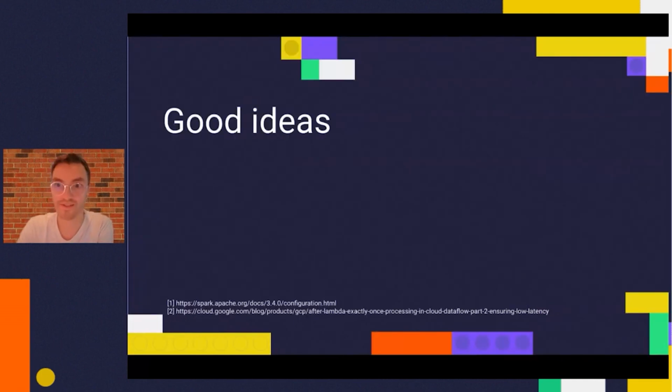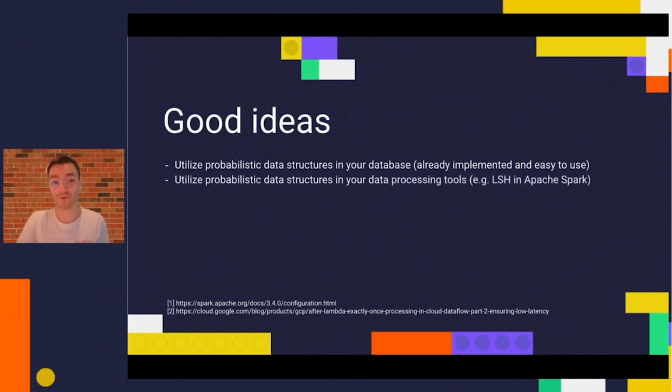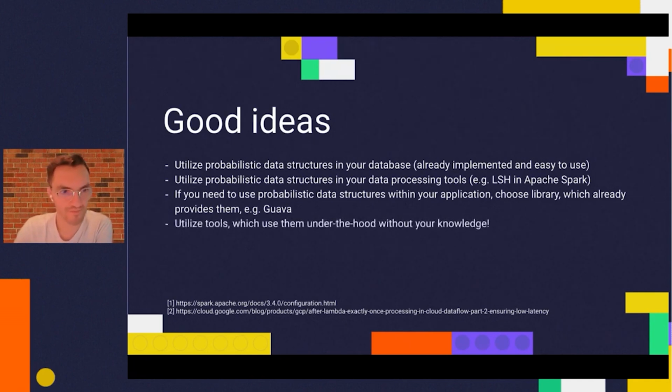Okay, so let's go through some good ideas. The basic good idea is to use probabilistic data structures which are already implemented in your database or in your data processing tools, like Apache Spark. That's the usual way to go. If you need to use probabilistic data structures within your application, try to choose a library which already provides them, like Guava, a rock solid library which is battle tested throughout the years.